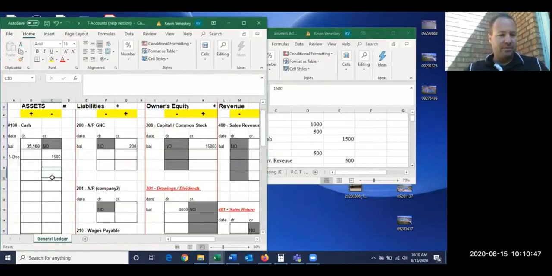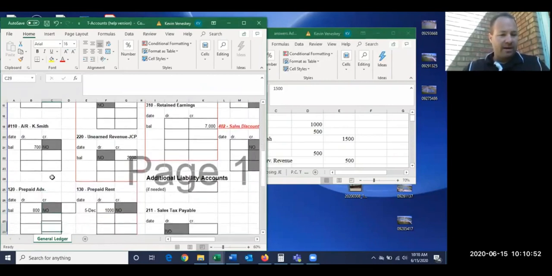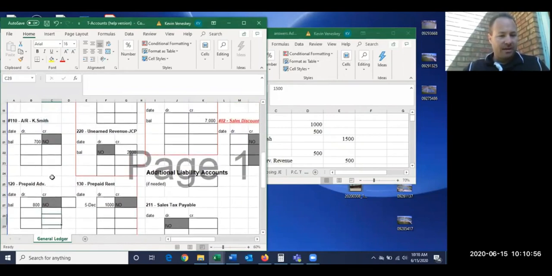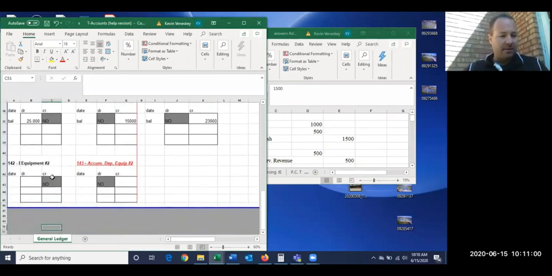All right, so let's go ahead and put these into our T accounts. We don't have an account receivable for T. Jones, and I'm running out of room. So I'm going to have to come down to the bottom and maybe make this one.